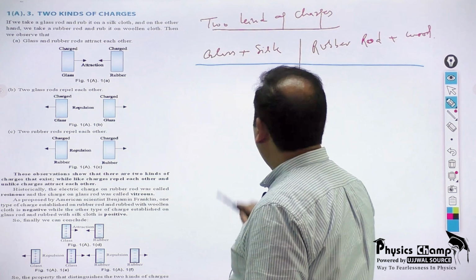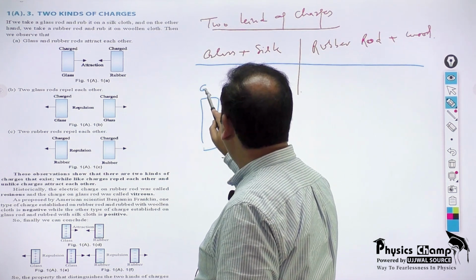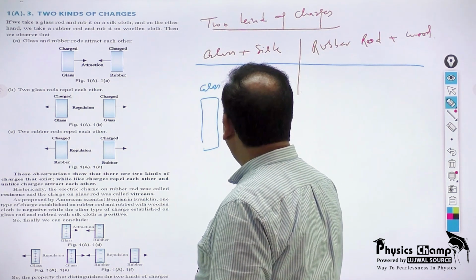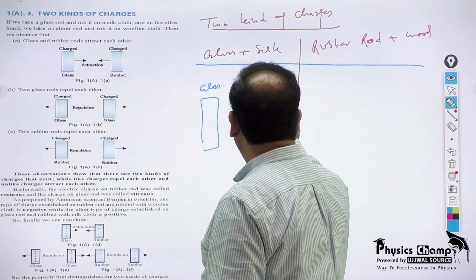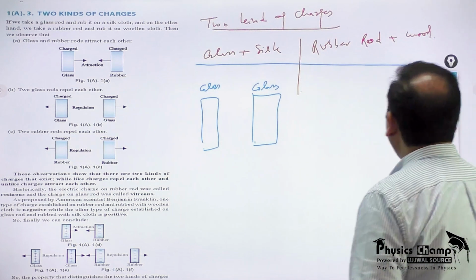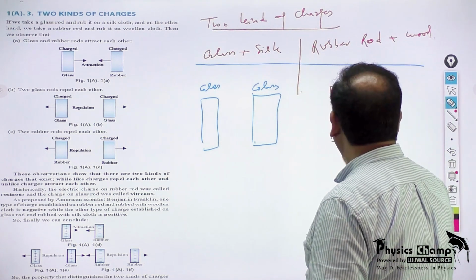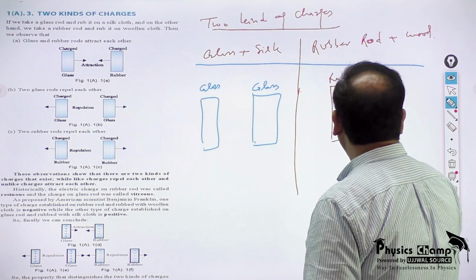And then we take two such glass rods which were rubbed on silk separately, and similarly we take two rubber rods and they were rubbed on wool.